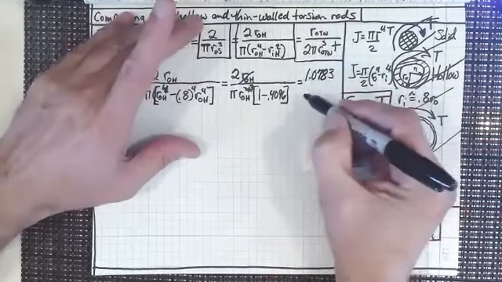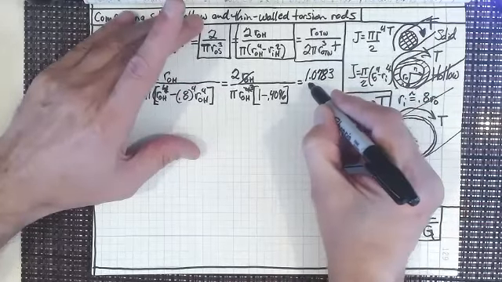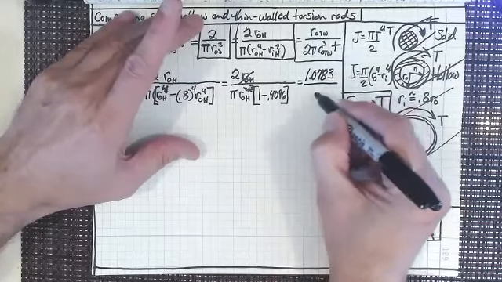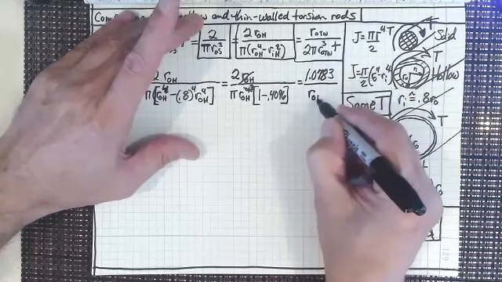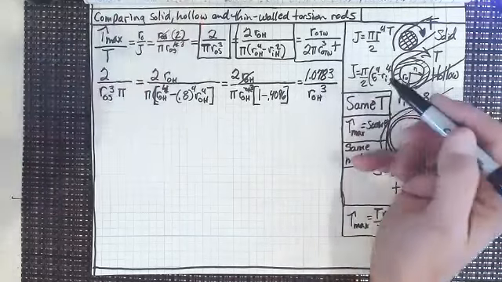I actually gave you 5 significant digits there. Divided by r outer of the hollow cubed.